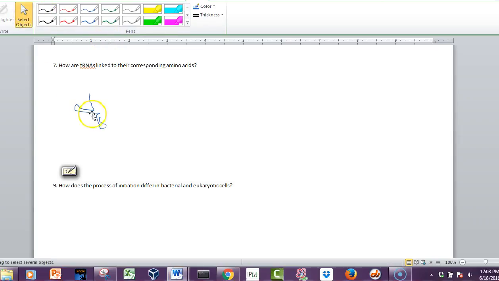Yeah, let's try that again. All right, so we have a tRNA. Looks sort of like that. So that's a tRNA. Transfer RNA.